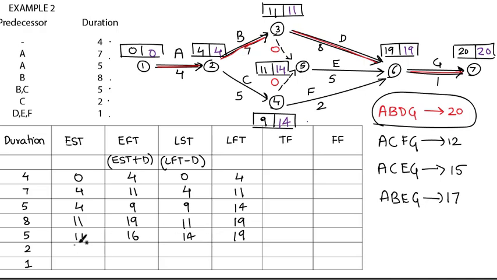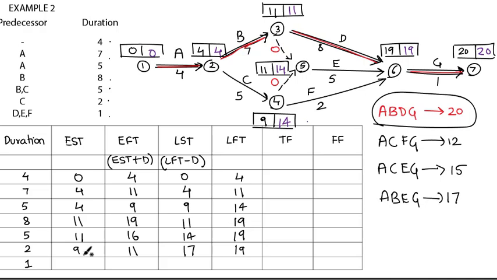Similarly for F, it is 9, duration is 2, 9 plus 2 is 11, latest finish time is 19, and latest start time is 19 minus 2, that is 17.